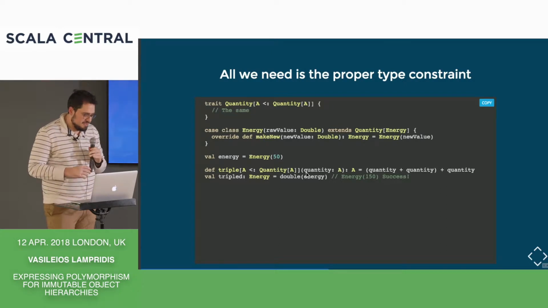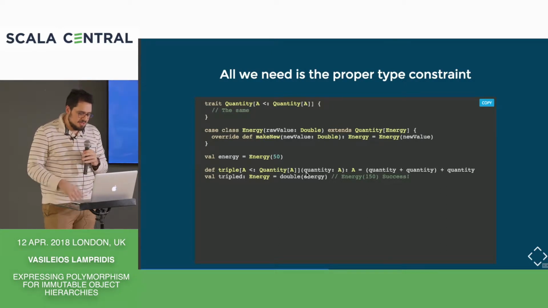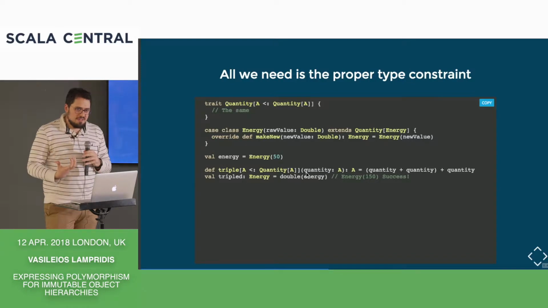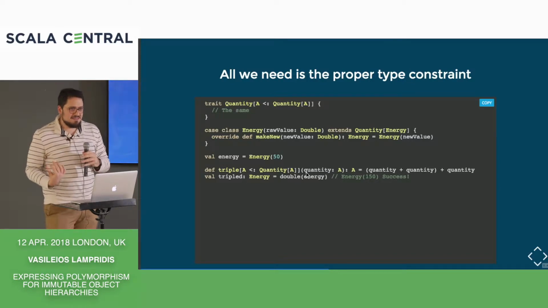So that's exactly the trick that allows us to maintain immutability while having access to the concrete subtype as if we were mutating.